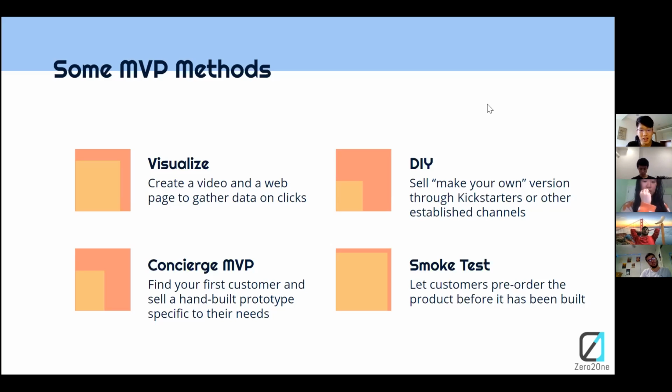And then there's another thing called the concierge MVP. You focus on your first customers and build a solution just specific for them.